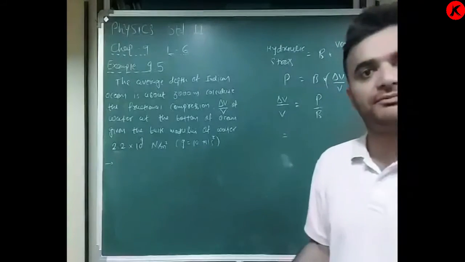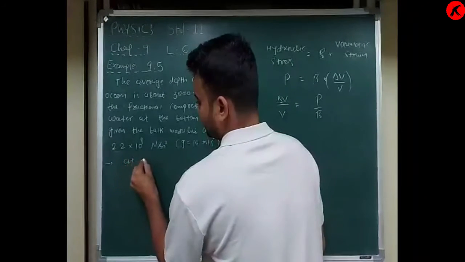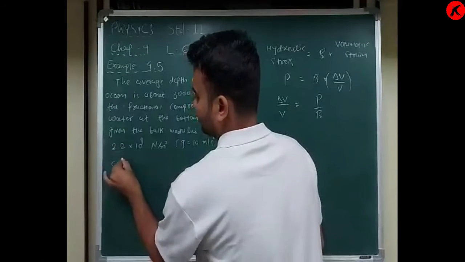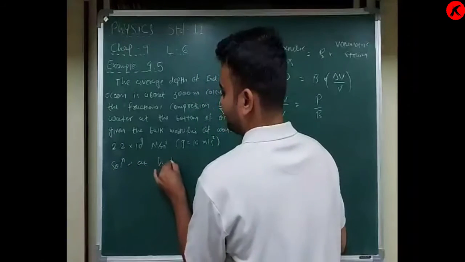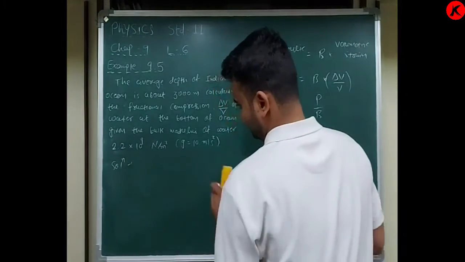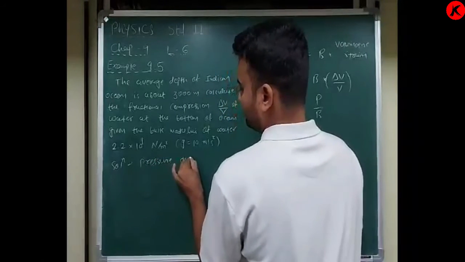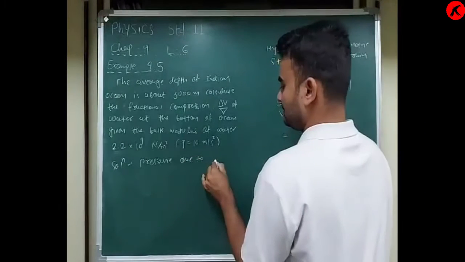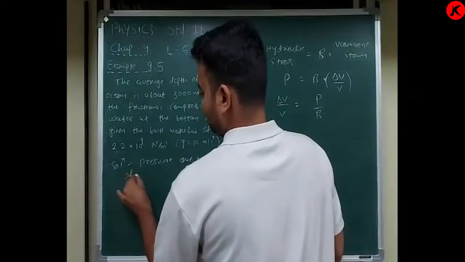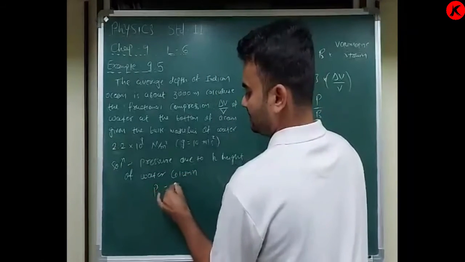Now from the property of fluid, we know that pressure due to h height of water column, P is equal to rho GH.